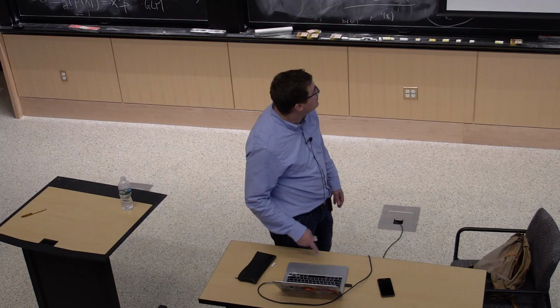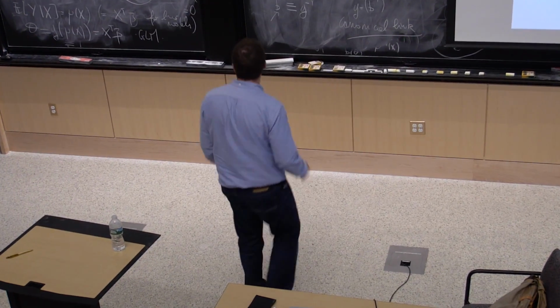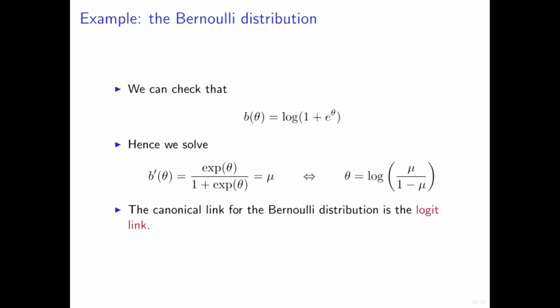So before we go there, let's just compute the canonical link for the Bernoulli distribution. All right, so remember the Bernoulli distribution has a PMF, which is part of the canonical exponential family.